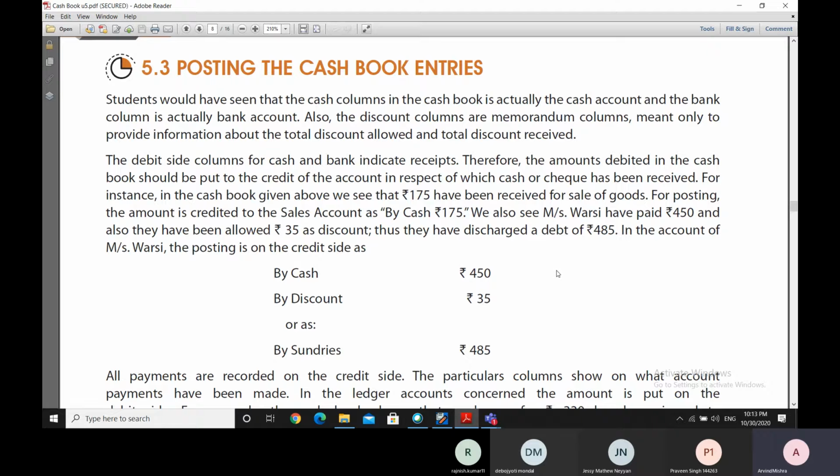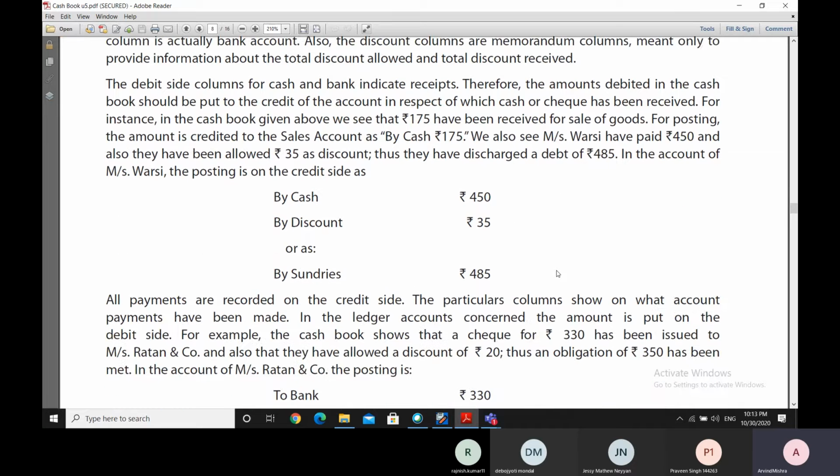Varsi, we will write by cash, which means that cash account has been debited by 450, and by discount, which means the discount account has been debited by rupees 35 in our books, which therefore means that we have allowed a discount of rupees 35 to Messrs. Varsi. So in case we don't want to write cash and discount separately, we can write sundries also if it is a one-off transaction.